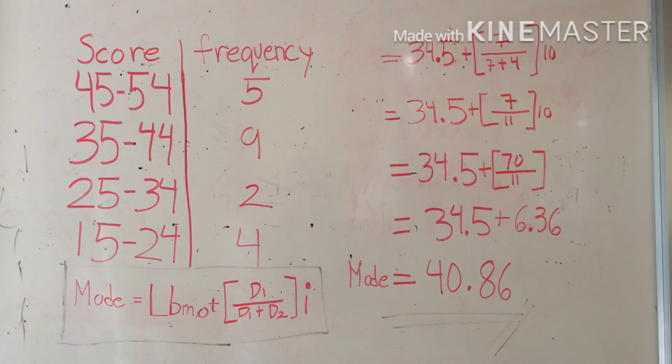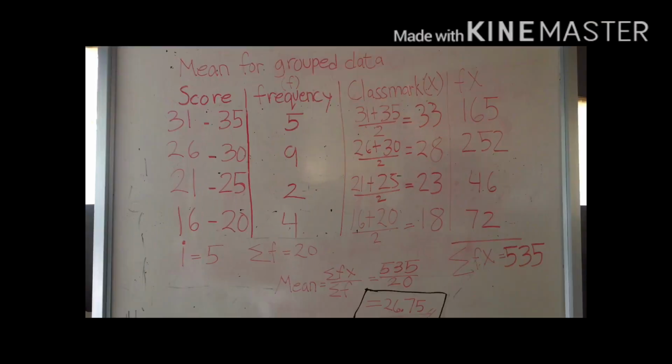And after multiplying it, I divide it by 11 to get 6.36. And after getting the 6.36, I add it to 34.5, which is our lower boundary of the modal class. And now, our mode is 40.86.